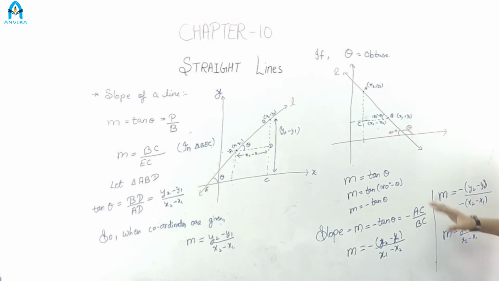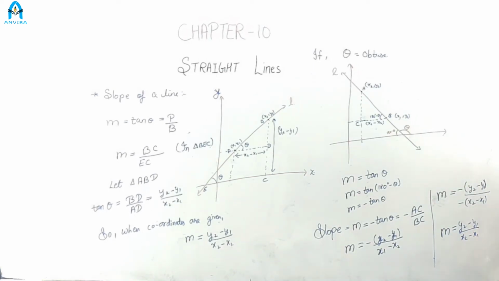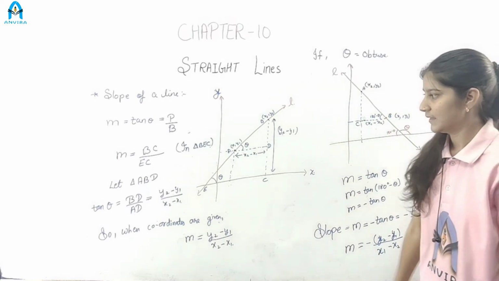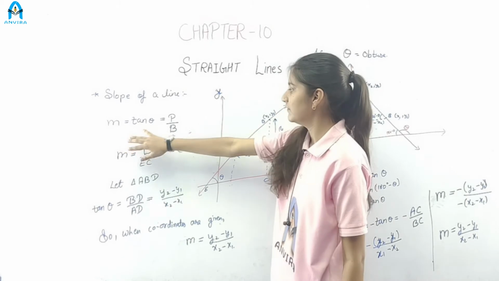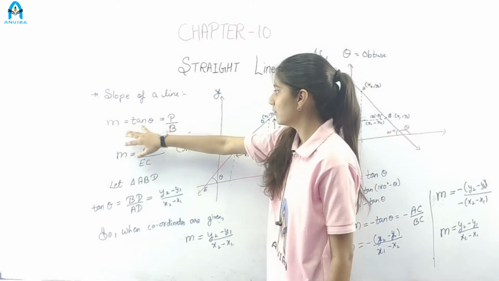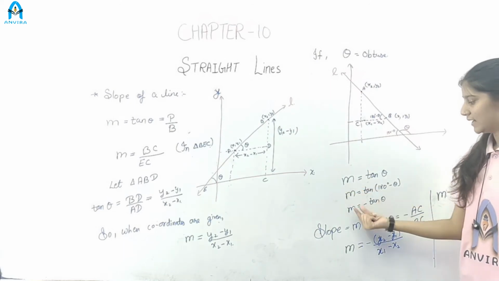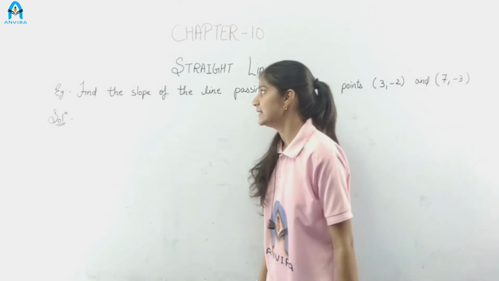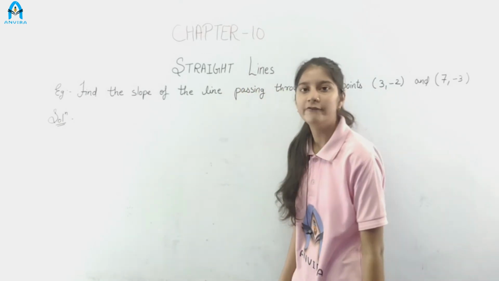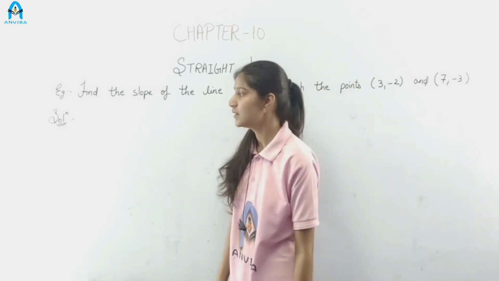Similarly, when the angle is obtuse, m is given by y2 minus y1 upon x2 minus x1. When the angle of inclination is used, m is equal to tan theta, but for the obtuse angle we get m equals minus tan theta.